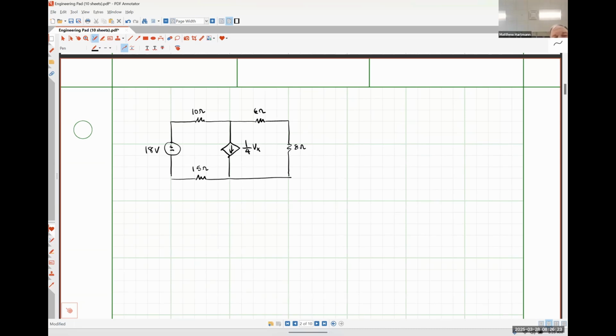I'm going to put a short across there. Let's say this is a 20-ohm resistor, and I also have a 2-amp source like so.